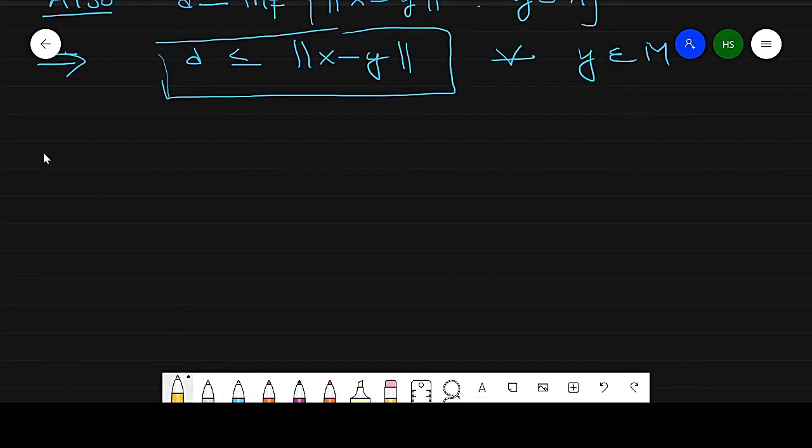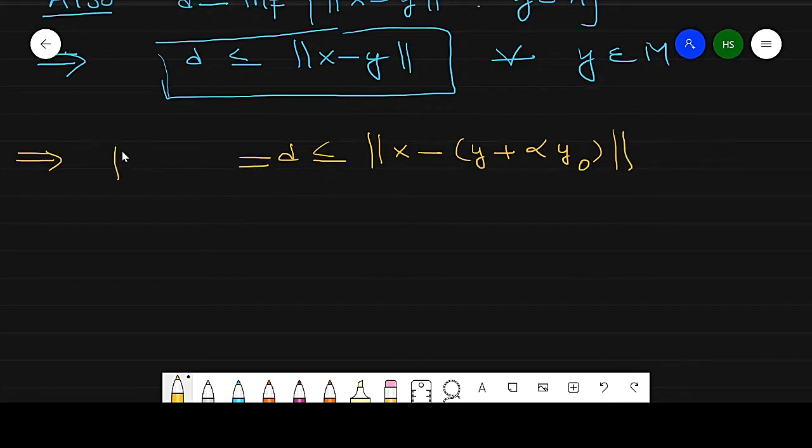This implies D is less than or equal to the norm of x minus y naught plus alpha y. So what is D? D is the norm of x minus y naught. So this norm is greater than or equal to this value.